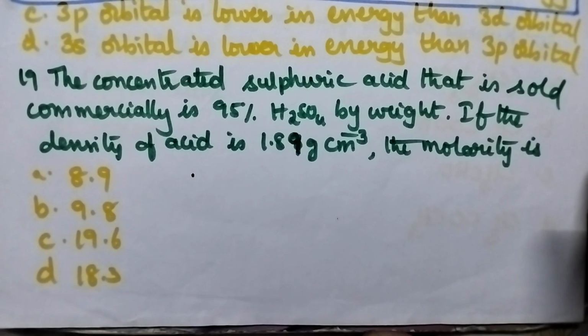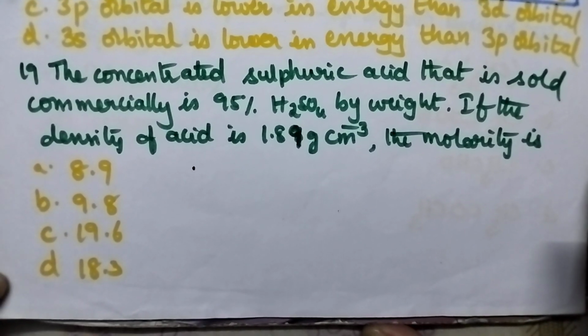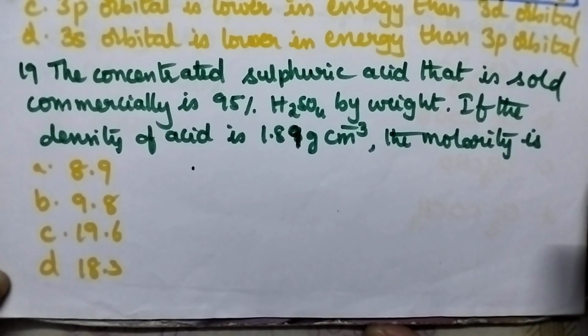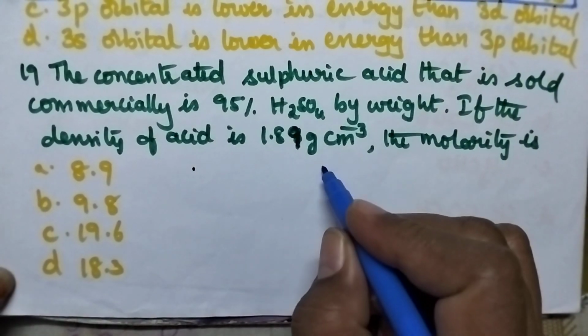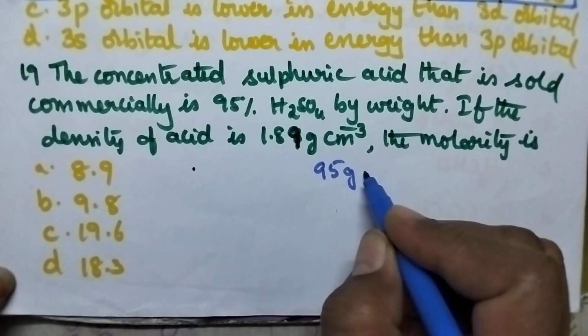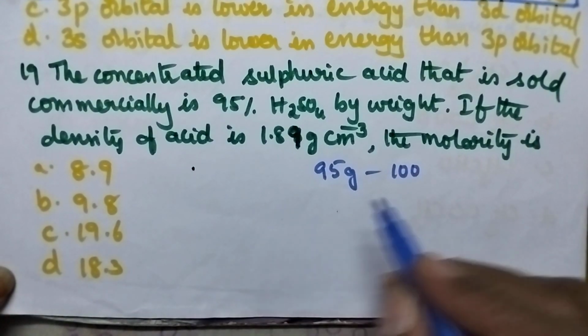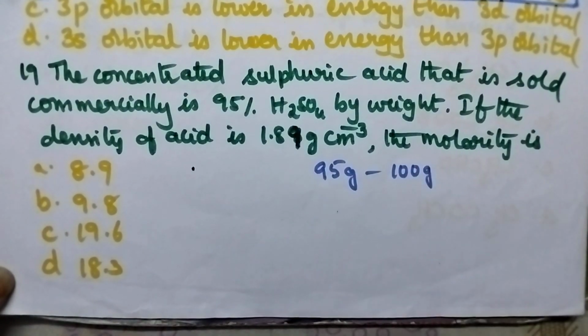Coming to the 19th question, the concentrated sulfuric acid that is sold commercially is 95% H2SO4 by weight. That means 95 grams of sulfuric acid is present in 100 grams of the solution. If the density of the acid is 1.89, calculate its molarity.